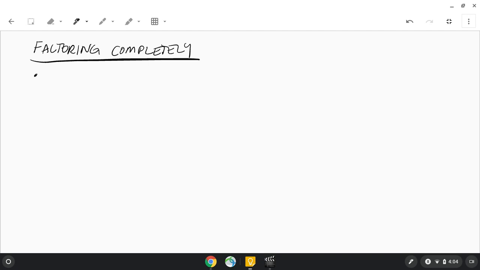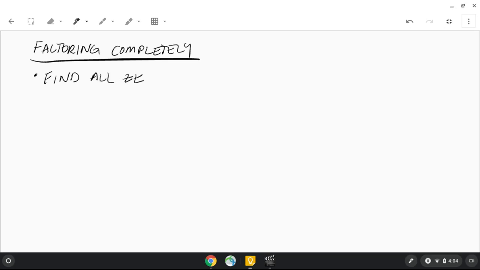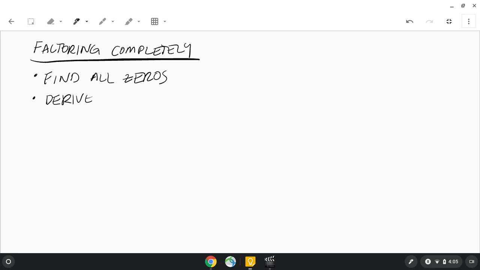So if it's not factorable right from the get-go, then find all the zeros using your synthetic division process. Once you have all your zeros, you can derive the factors by essentially working backwards from what you used to do. So derive the factors from the zeros.